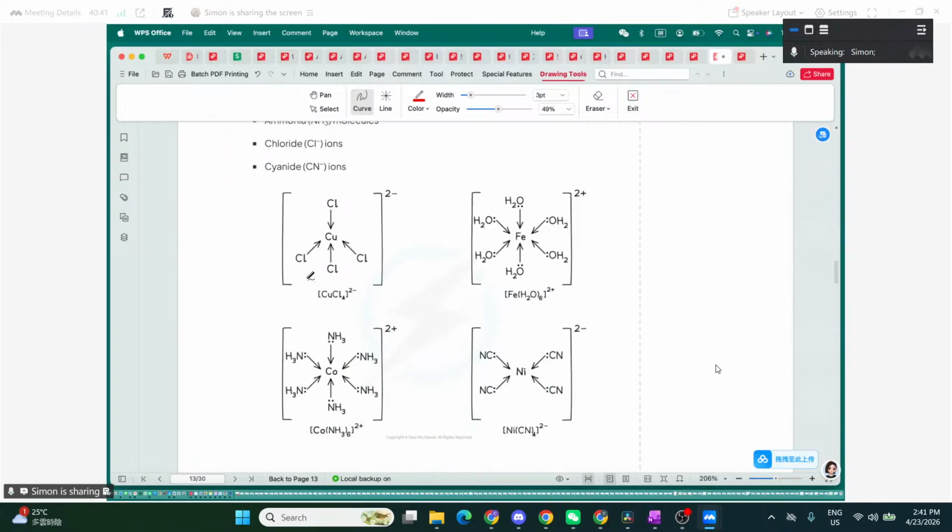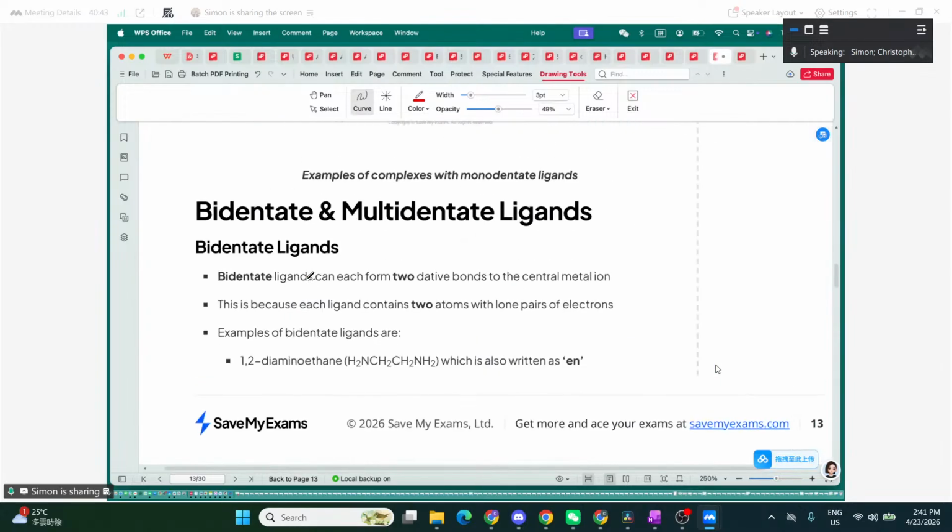Next one is the bidentate, which means there are two dative bonds. The bidentate ligand forms two dative bonds to the central metal ion. Actually, it contains two atoms, each with one pair of electrons. Look at the example.